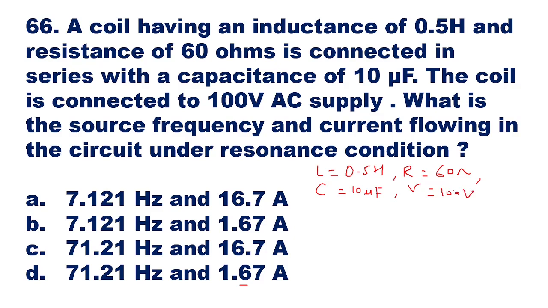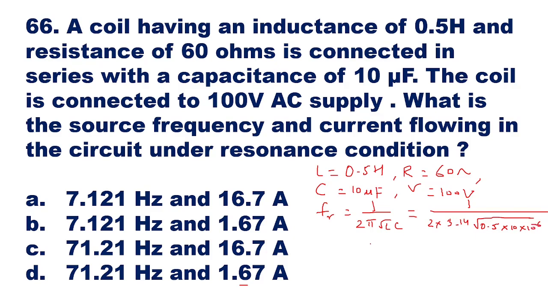Now first we can find out the resonant frequency. Resonant frequency is calculated as, you can take it as FR or F naught. So FR is equal to 1 upon 2 pi root LC. This is nothing but 1 upon 2 into 3.14 into root of inductor 0.5 and capacitor 10 microfarad, so 10 into 10 to the power of minus 6.